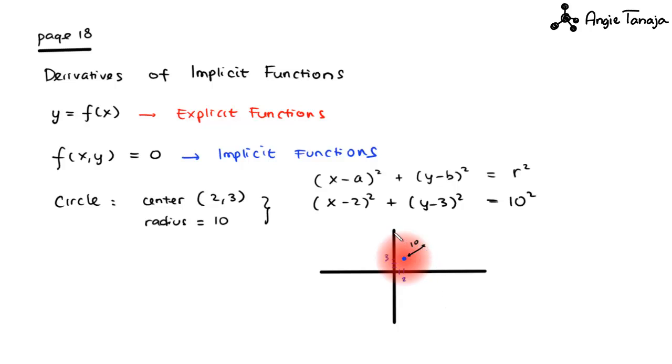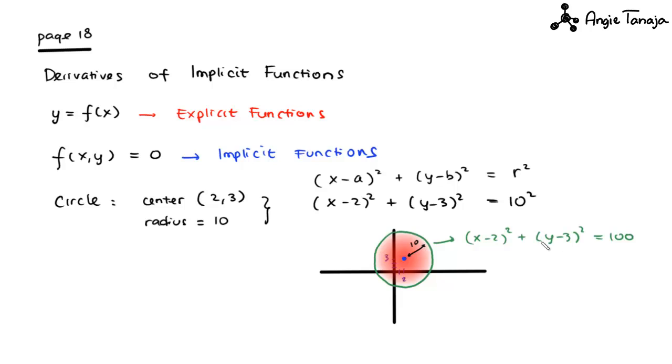Okay, the function will be just this line. So this is the function (x minus 2) squared plus (y minus 3) squared equals 100.